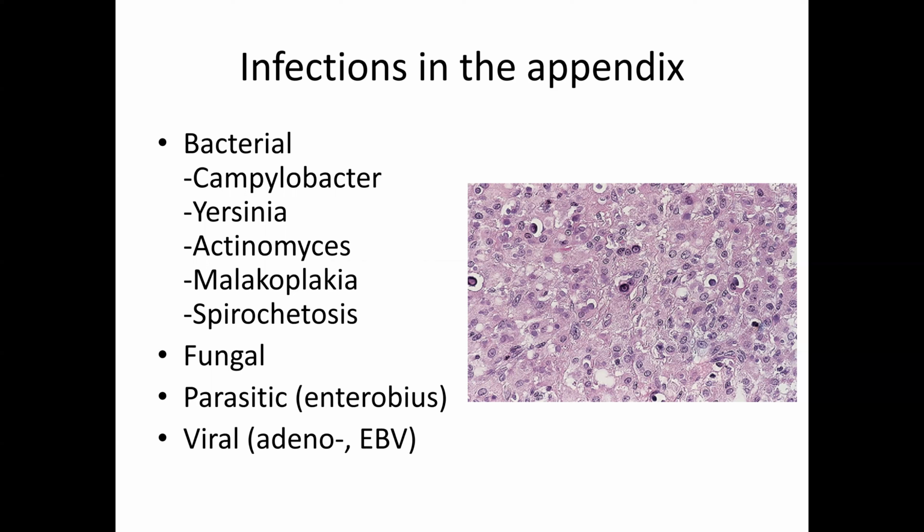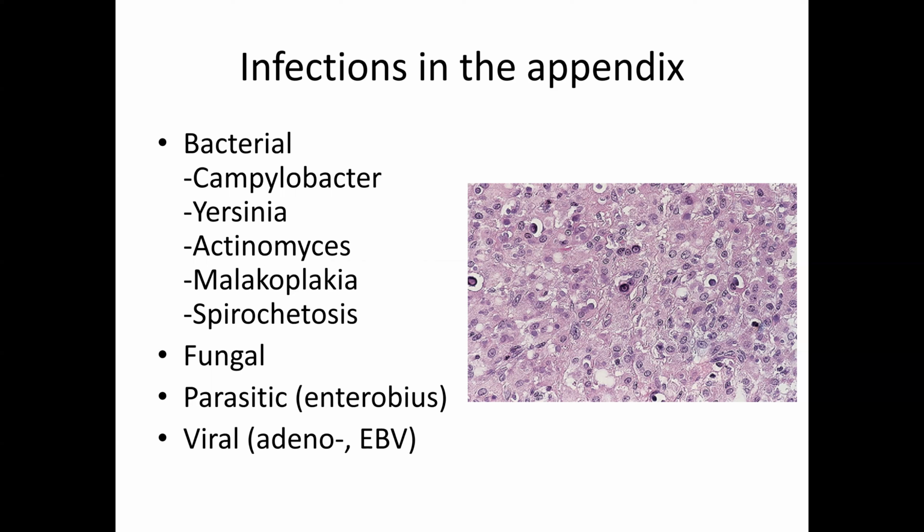Spirochetosis, not typically a symptomatic infection, but can be present, manifest as a pronounced deposition of spirochetes along the brush border of the mucosal epithelial cells. Fungal, parasitic infection, particularly Enterobius, can be encountered in the appendix.